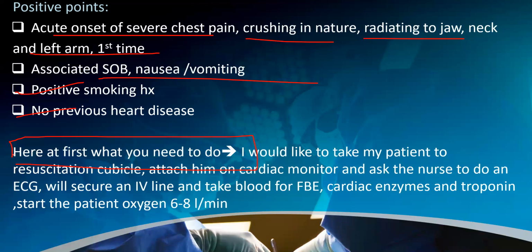Okay, so again, once you have given the painkiller and asked about hemodynamic stability, then whatever the vitals are, you say, "Doctor, because of my patient's age and the onset and duration of chest pain, I would like to take my patient to the resuscitation cubicle, attach him to a cardiac monitor, do an ECG, secure 2 large bore IV cannulas, take blood for cardiac enzymes, including troponin, and offer the patient aspirin and nitroglycerin as required."